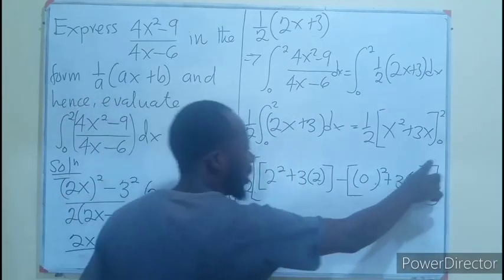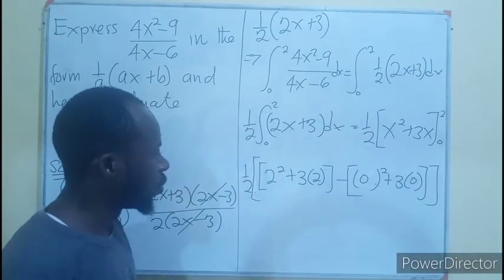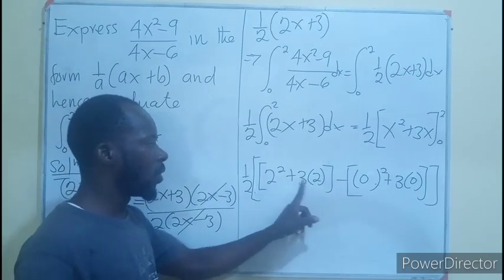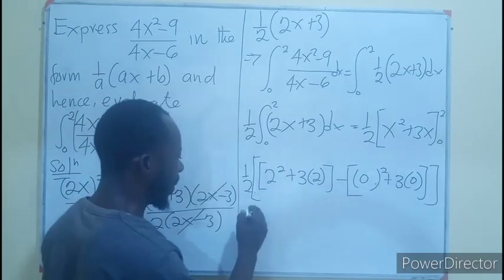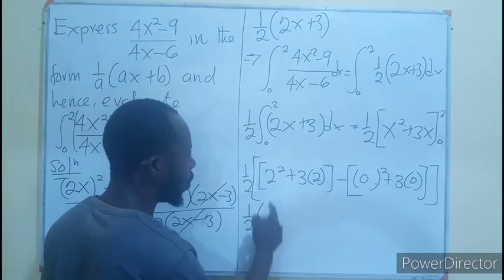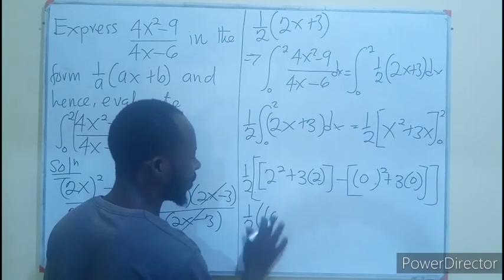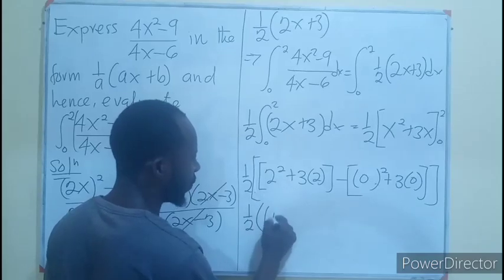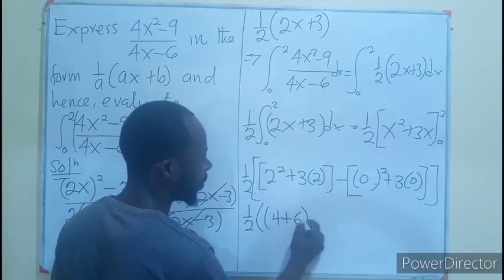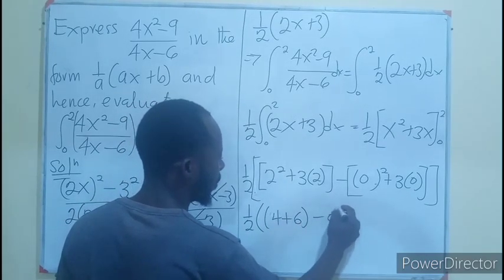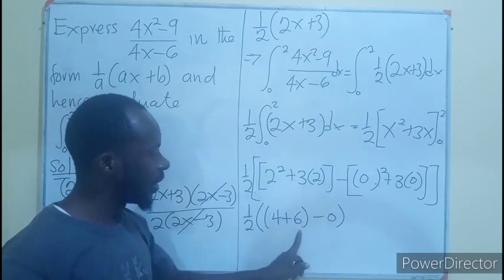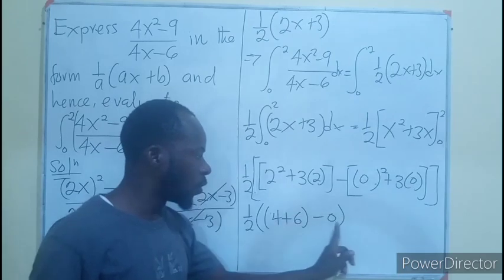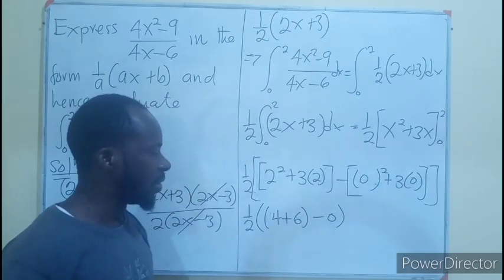This bracket is the one we close at the end. So now we find this to be 4, this to be 6, and this to be 0, 0. So we have 1/2 multiplying 4 plus 6 minus 0. So we get 0 plus 0 to be 0.